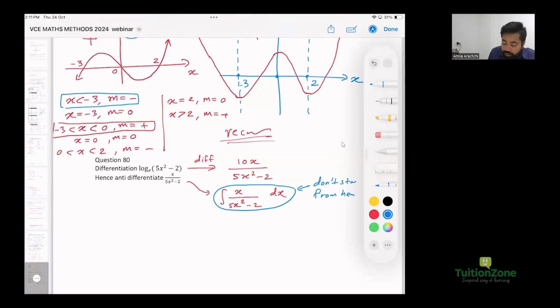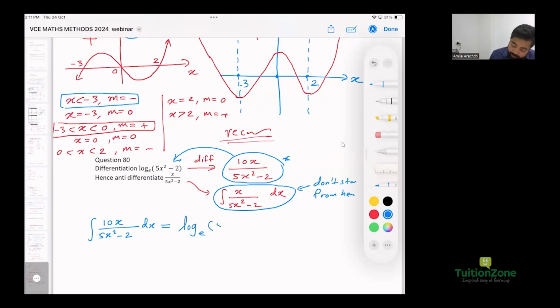How about if I just grab this section here and write it down: integration of 10x divided by 5x squared minus 2 dx. I'm asking to antidiff this one. What do you expect in the answer? Backwards, isn't it? My answer is simply log e base 5x squared minus 2 plus c.